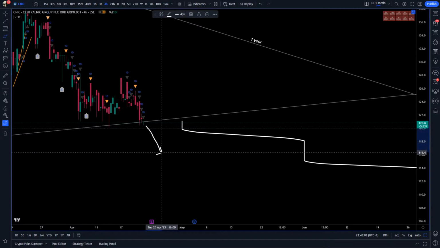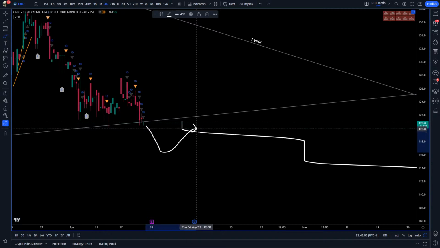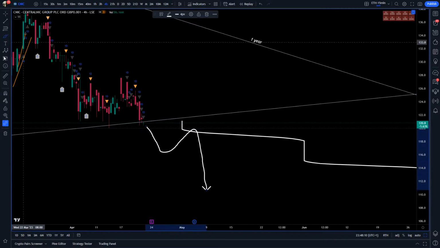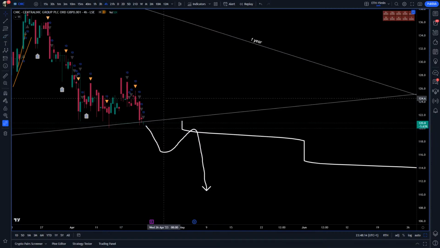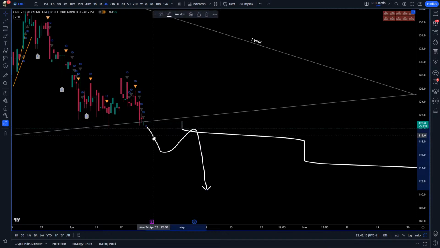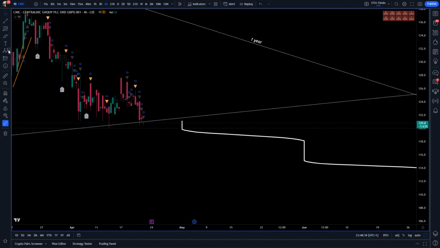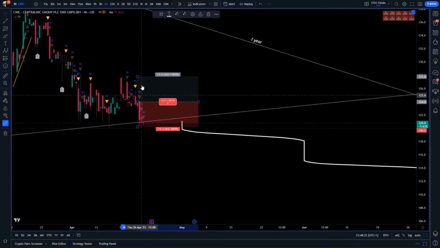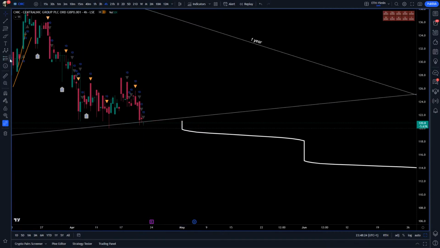So the daily may continue down a bit more before making a correction and before it goes down further. But what's important is that we take our profit. So we enter here, sorry, it's a short position.